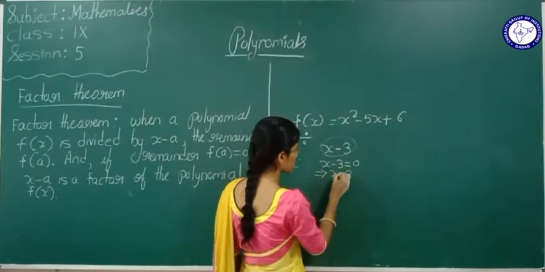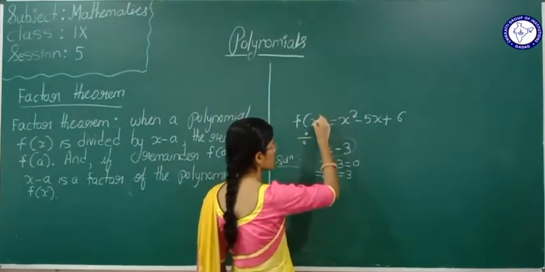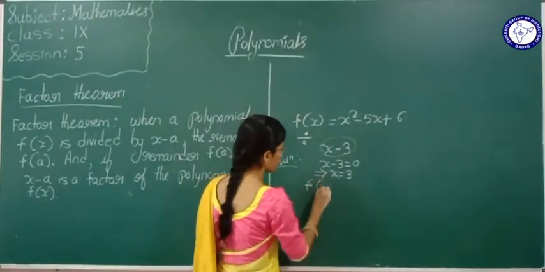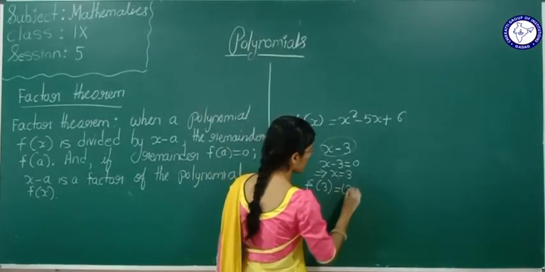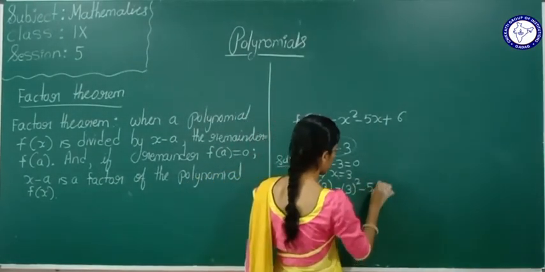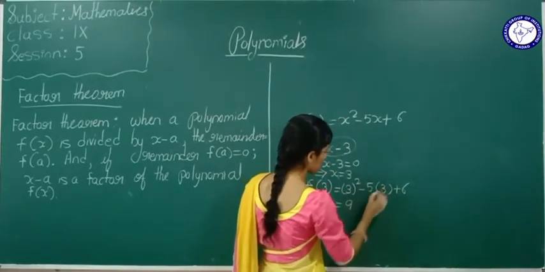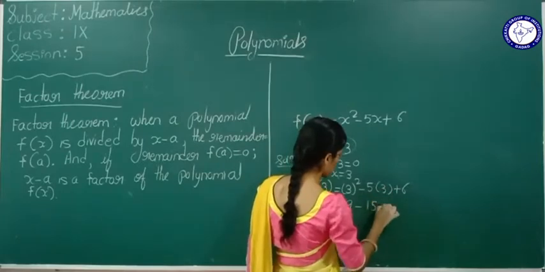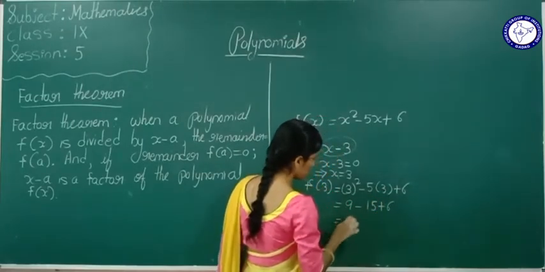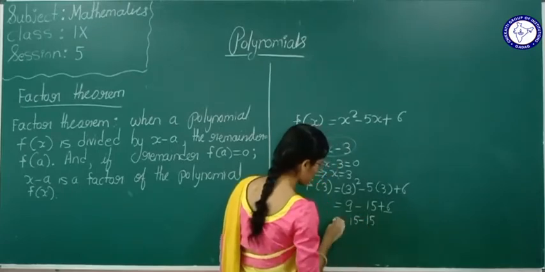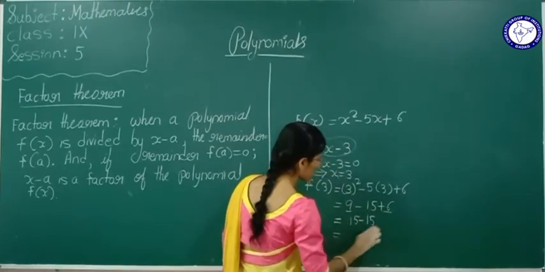So this x is equal to 3, you substitute in the dividend. F of 3 is equal to 3 square minus 5 of 3 plus 6. 3 threes are 9, minus 5 threes are 15, plus 6. 9 plus 6 is 15. 15 minus 15 is what? 0.